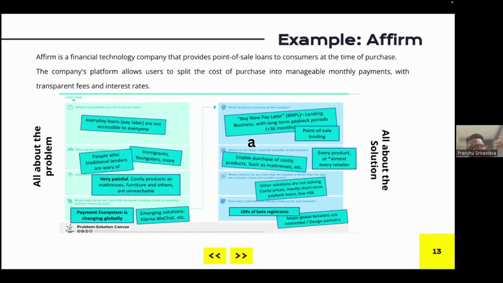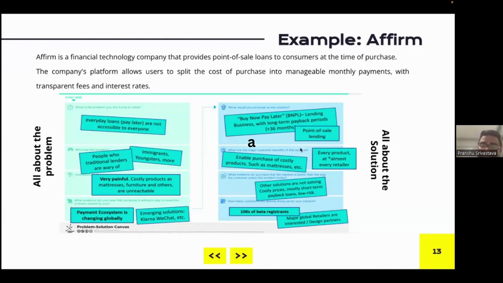There would be interest, but for a customer, a long payback period is a good feature. The second solution would be point of sale lending. As soon as my card is swapped, I immediately convert the transaction into EMI, which is very quick execution and delivery to the customer.